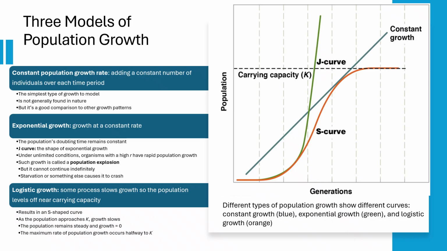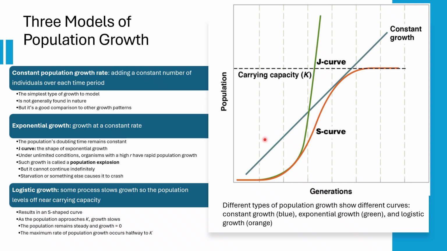So when ecologists study how a population grows, those populations typically follow three models, or more specifically two models. One is generally not found in nature. That's your constant growth. It's the easiest way of representing a population, but it's not really realistic.